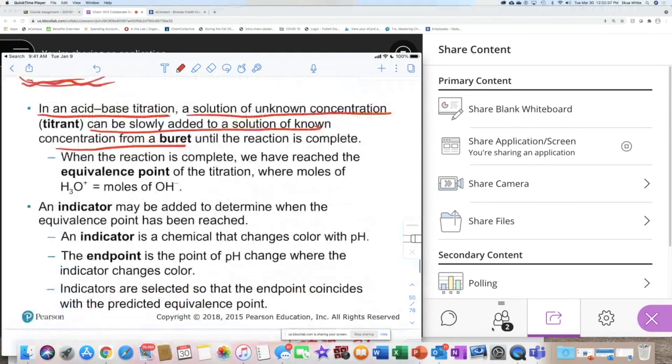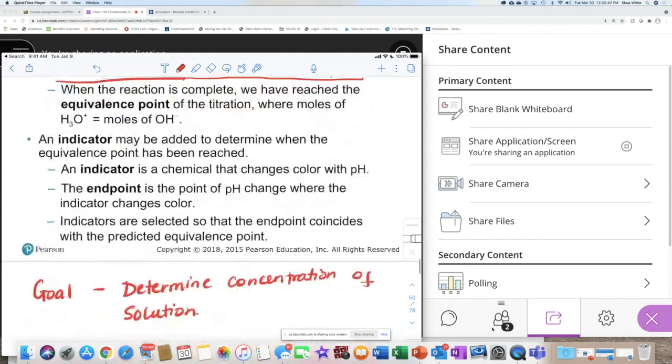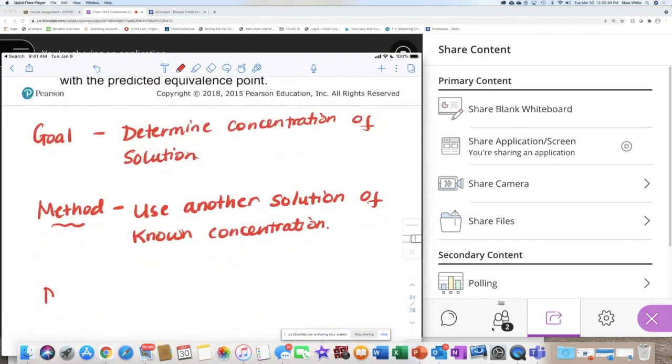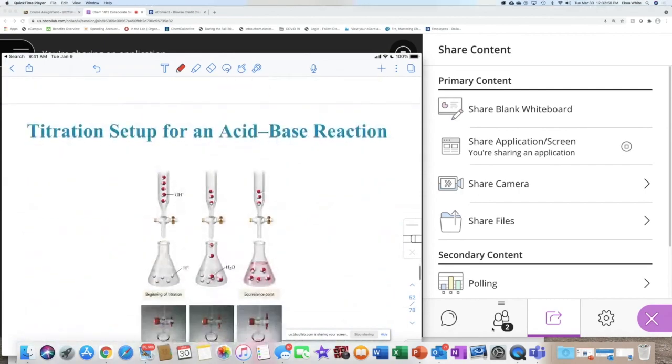Okay, so they say here it can be added slowly to a solution of known concentration from a burette. Oh, and then here, this is a method. Device used is called burette. I think I spelled this correctly. A burette looks like, I'm trying to describe it.